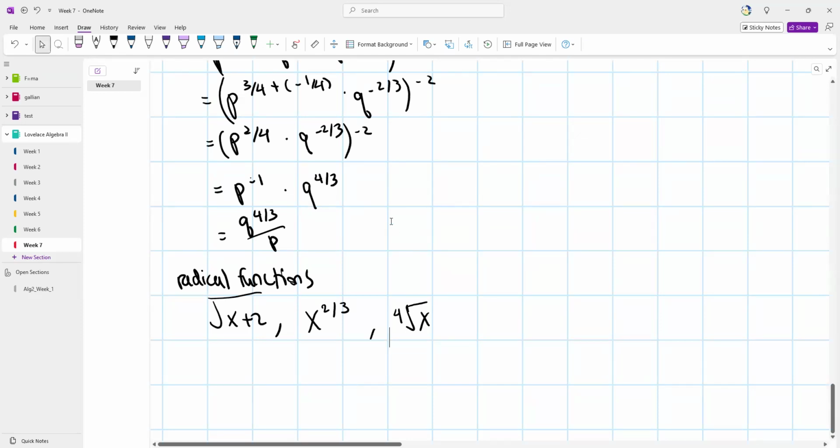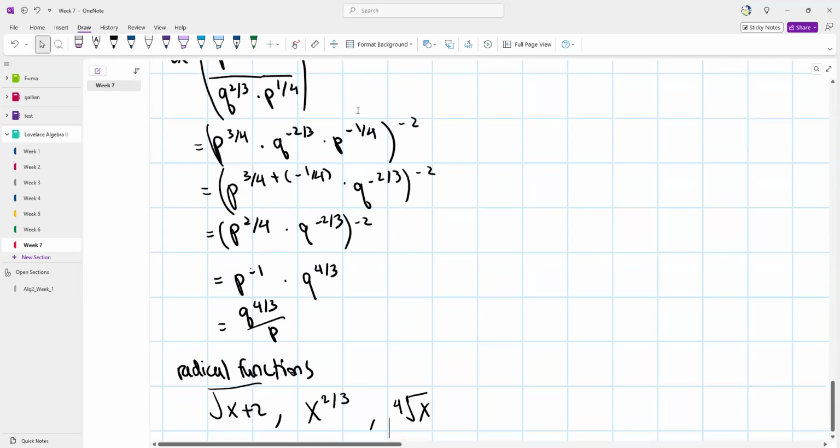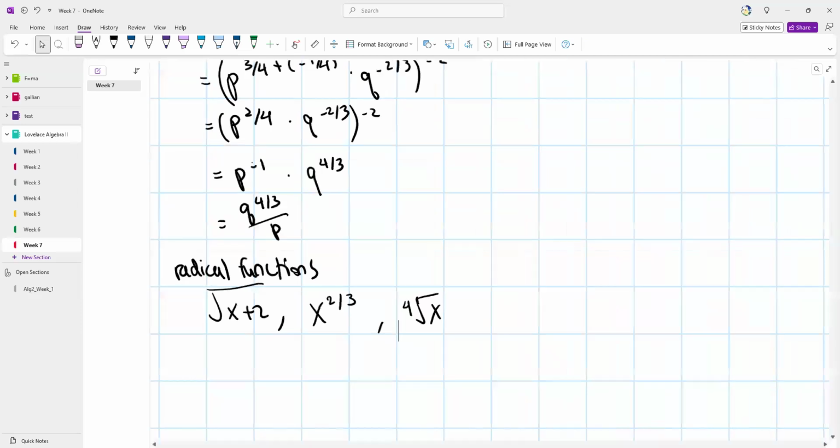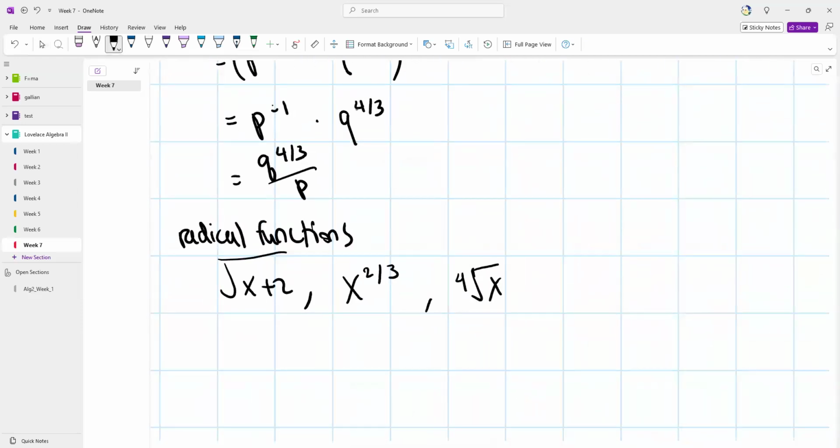When we do operations on them, it's basically what we do above, following the exponent rules that we already have and applying them. This is a bit different because it's a function, and functions are pretty interesting.